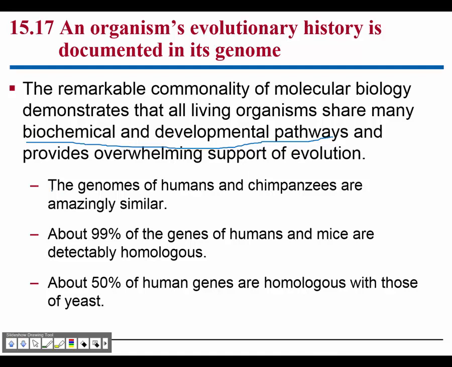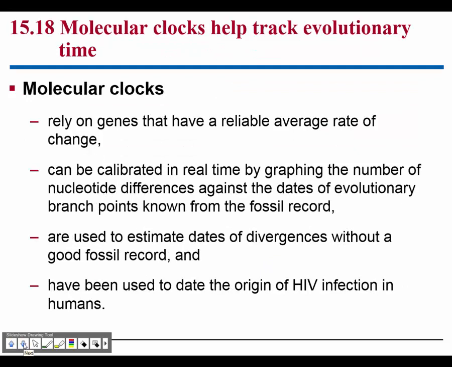So the genomes of humans and chimpanzees are incredibly similar, and about 99% of the genes of humans and mice are detectably homologous. And about 50% of human genes are homologous with those of yeast. So we're not very closely related to yeast, but we're very closely related to chimps, and more so than we are mice, but we're closely related to mice as well.